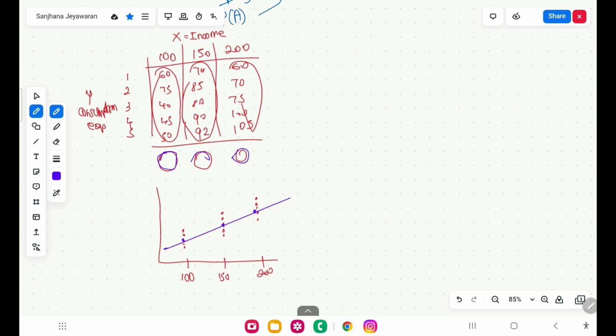So if you see my x values, that is the income levels, I have fixed them before conducting the survey itself. Before conducting the sample survey, I have fixed my x values. After I fixed my x values, I went to the experimental sample and collected the relevant information, which is non-random.